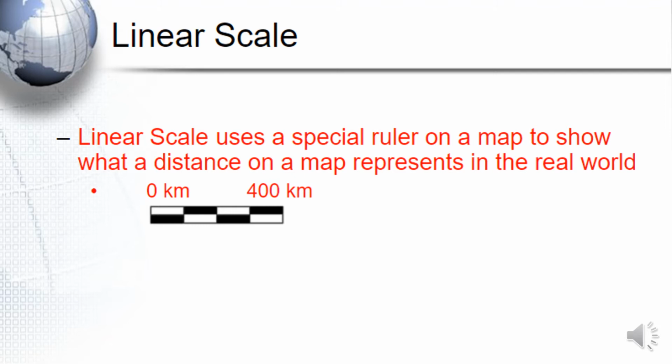So here we can see the ratio of map distance to the ground distance, which can be represented by this linear graphic scale. Now students, this linear graphic scale is a graphic method of explaining how a distance is being shown on the map.